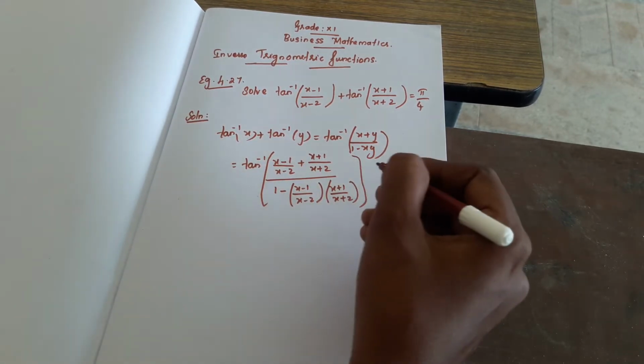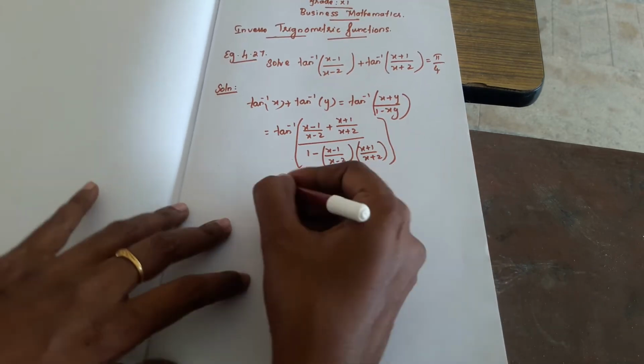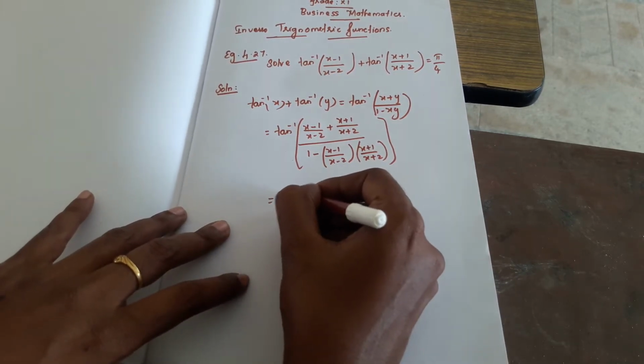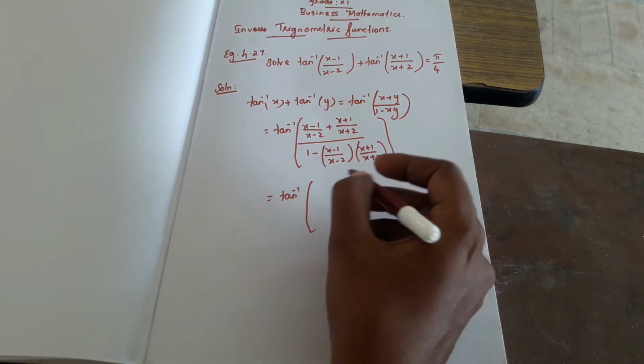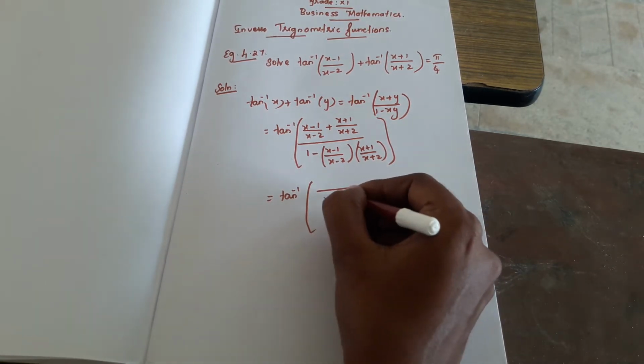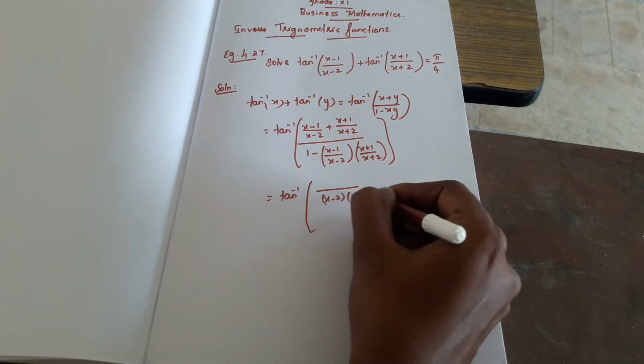Okay, so this one we are going to simplify. That's equal to tan inverse; you can keep it outside and simplify whatever is inside the bracket. So in the numerator, the denominator LCM is (x minus 2) into (x plus 2).